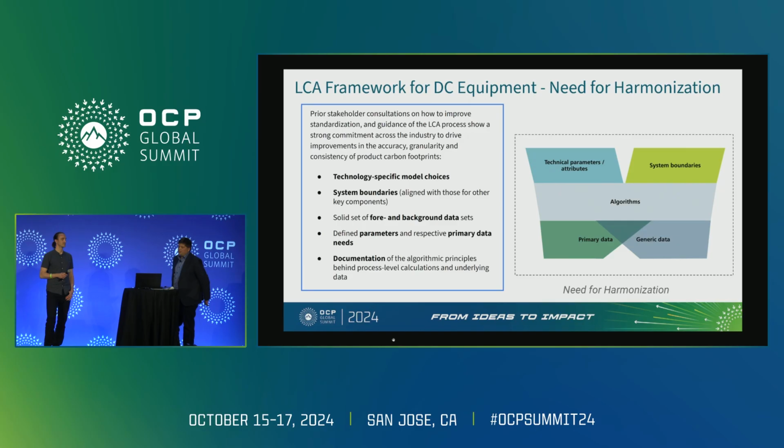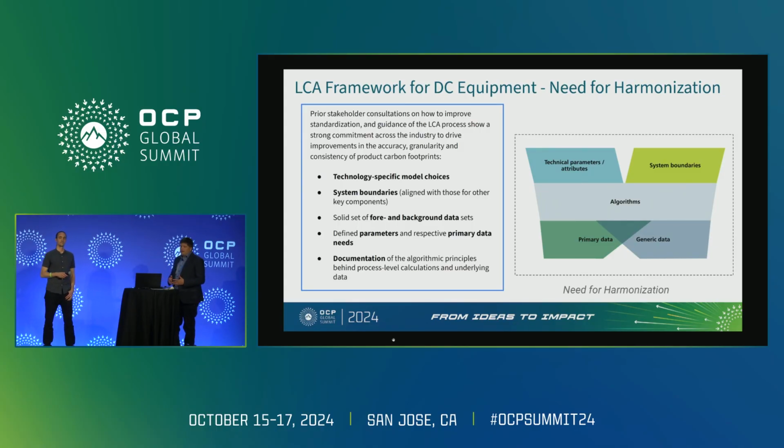So moving towards a harmonized PCR, what we really need to do as an industry is to align on technology-specific model choices, especially when it comes to assessing advanced technologies in data centers, servers, chips, TPU technologies, GPUs that are evolving over time that require really advanced LCA modeling practices and advanced lifecycle inventories.